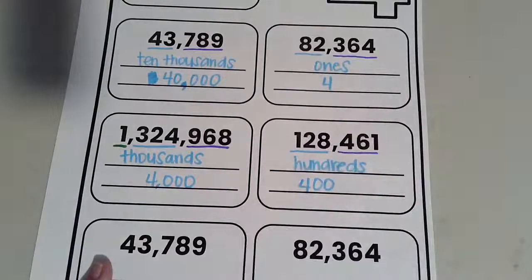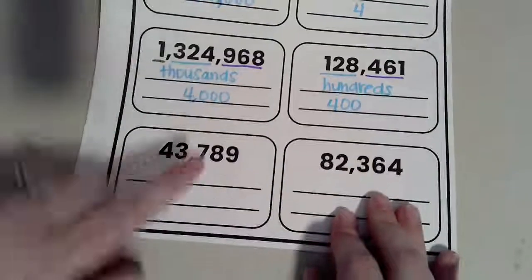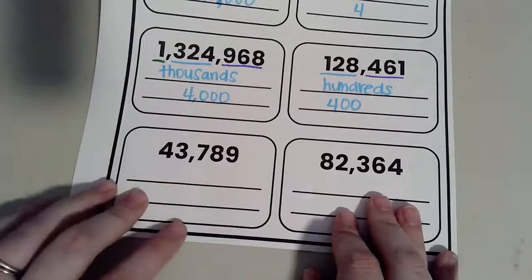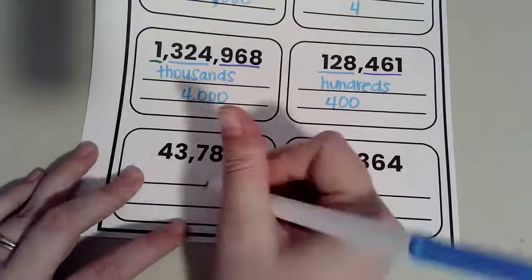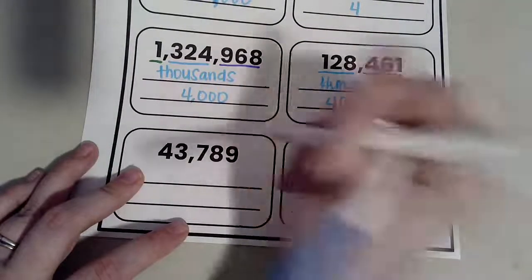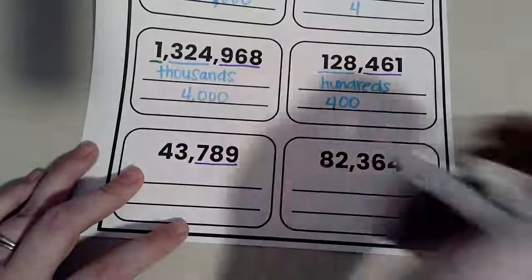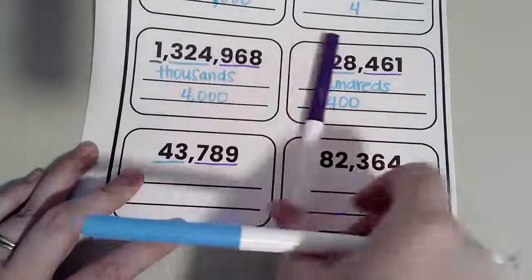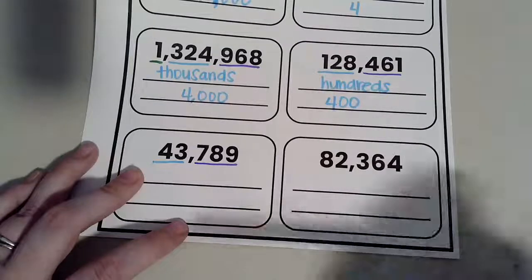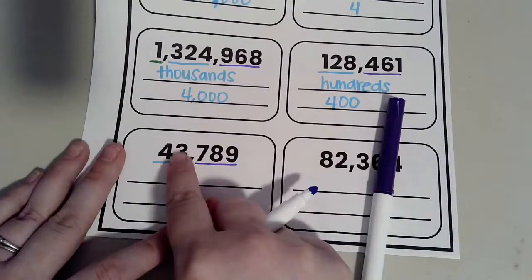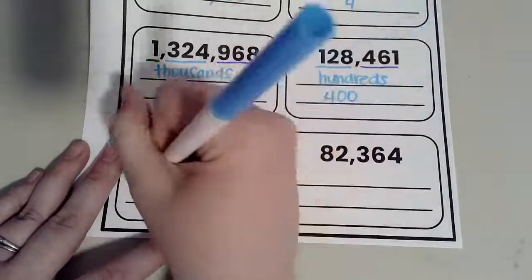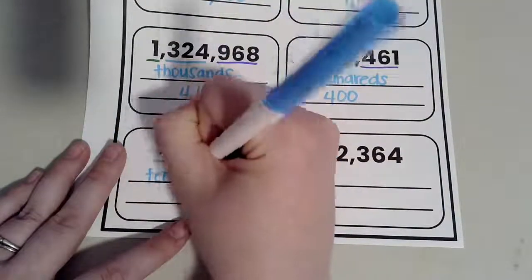43,789. So here is our ones period. Here is our thousands period. What place is the 4 in? Ones, tens, hundreds, thousands, 10,000s. So it is in the 10,000s place. And what is its value?